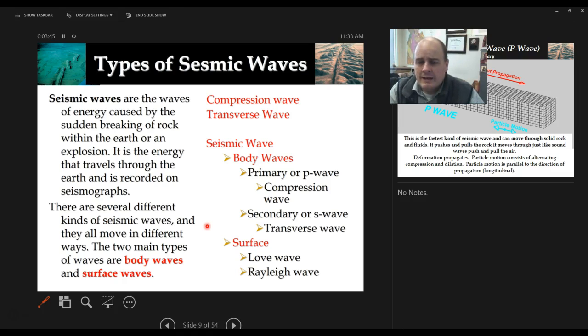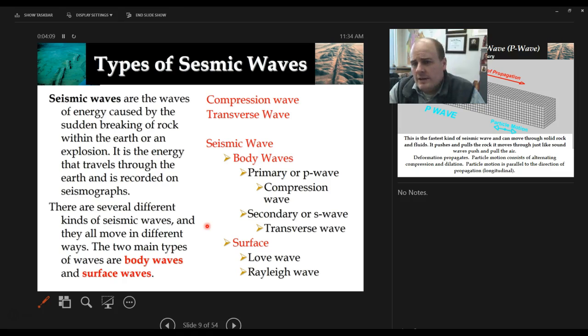Whereas the S waves would be the second ones to arrive, which is why we call them secondary waves. Also, P stands for pressure, and an S wave is a transverse wave or a shear wave, where the particles move back and forth this way instead of that way. Those are the two types of body waves.